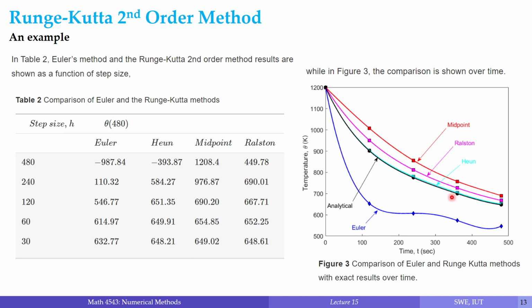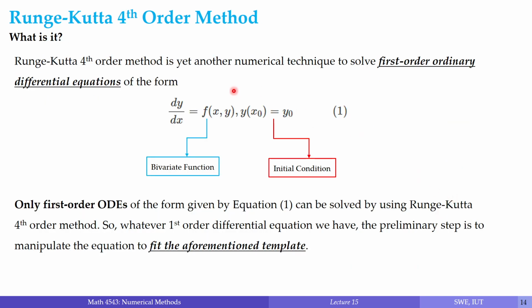If you can sidestep that computational overhead, you can come up with very good approximations. Fine. So now let's talk about the Runge-Kutta fourth order method.